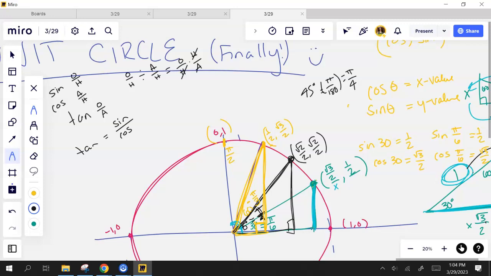You can find tangent by using sine and cosine. If you don't understand that, that's okay, memorize this: tangent is sine over cosine. If you're a why or a how person, here it is. If you're not, here you are.